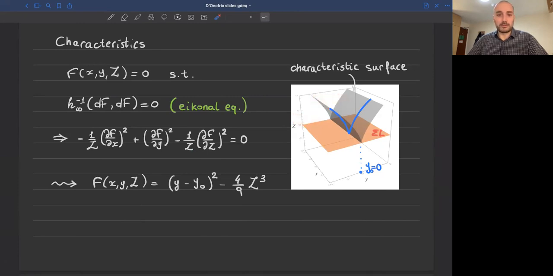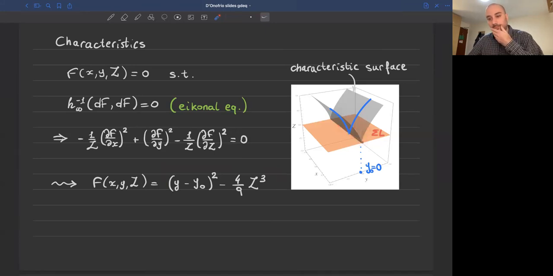And when the problem is hyperbolic, we are able to solve the eikonal equation, which in this case is written like this. Its solution can be written this way, which represents this cusped surface intersecting the singular locus along a cusp, a semi-cubical cusp.